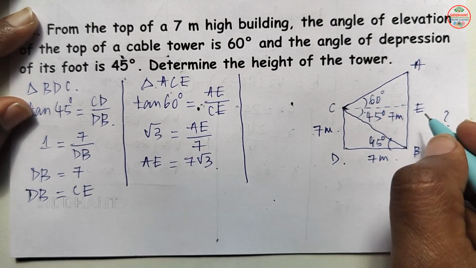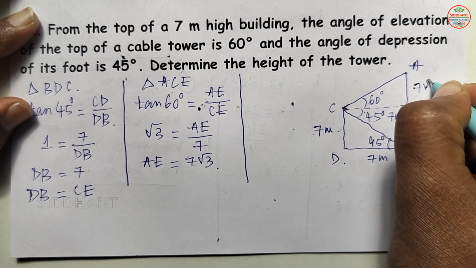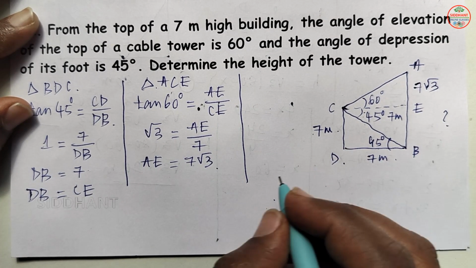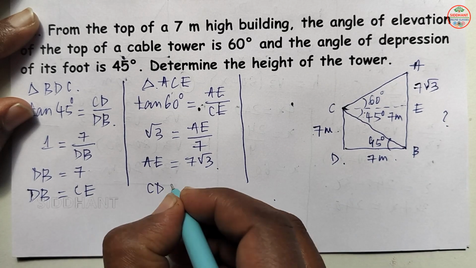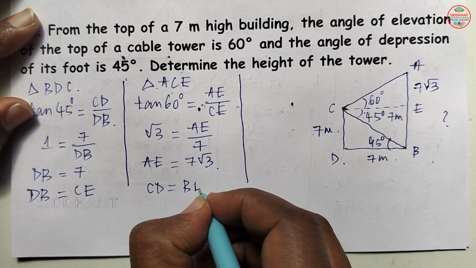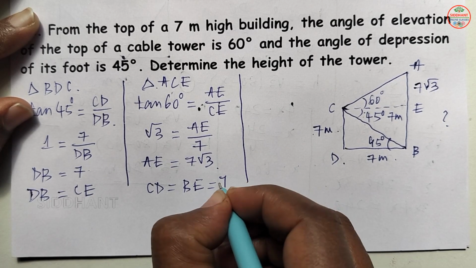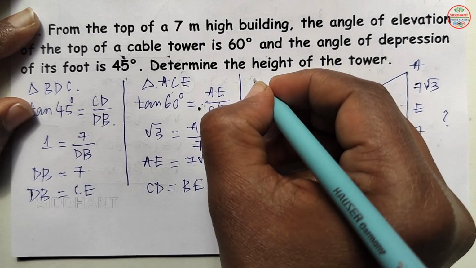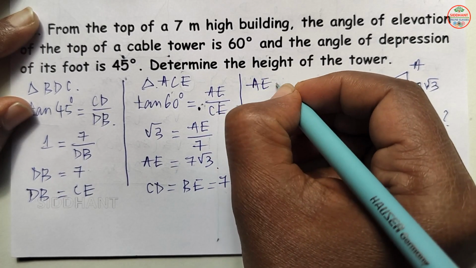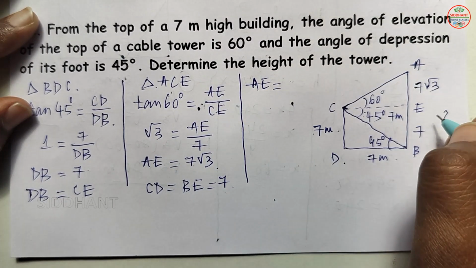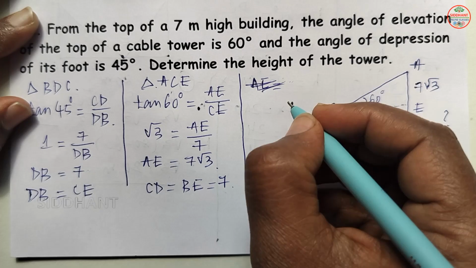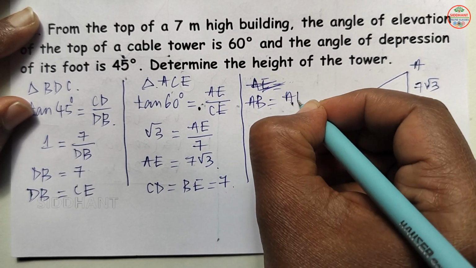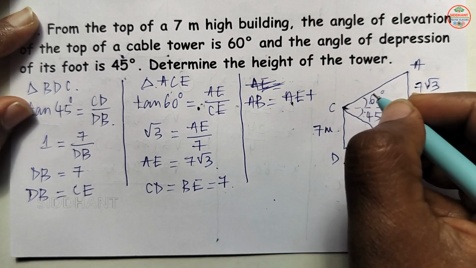So now we got AE, which is 7 root 3, and here CD is equal to BE. CD is equal to BE, so that is equal to 7, which is given here. So AB is equal to AE plus EB here.